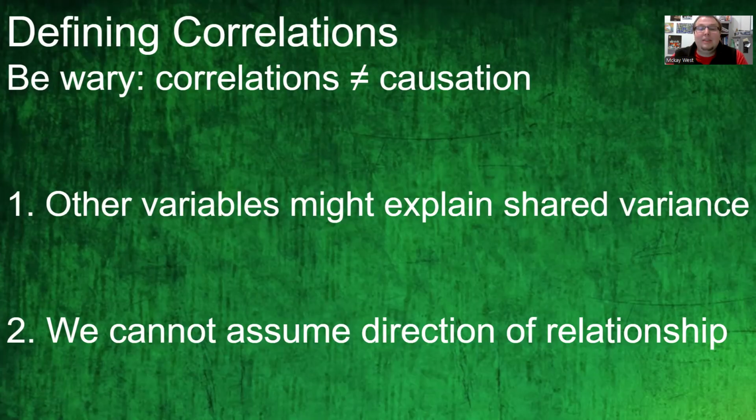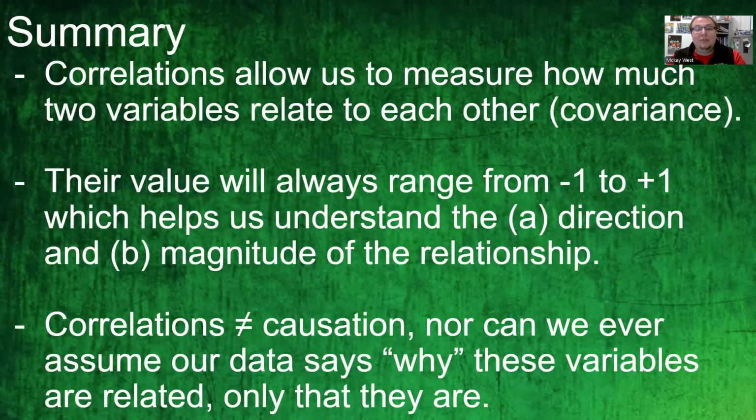And so, putting all that together, just some brief reminders to end off this video. Correlations are an interesting test statistic that allow us to measure how much two variables relate to each other, specifically how much they co-vary. The values that we get for these numbers, this R, are always going to be between -1 and +1. And those numbers help us understand two things: one, which direction the relationship between the variables is going, and two, how strong or intense the relationship is.